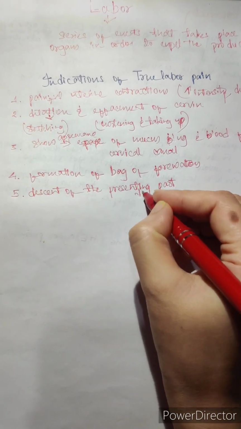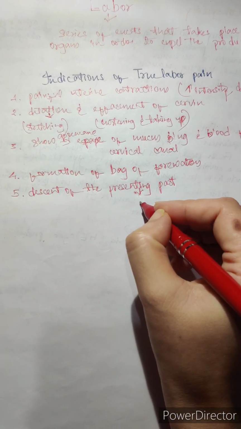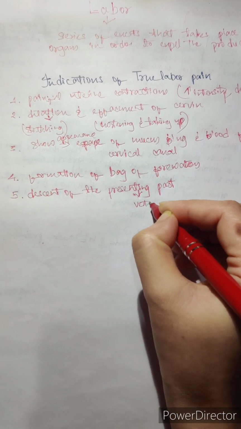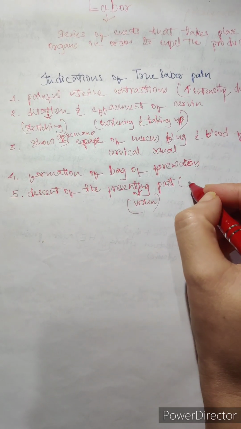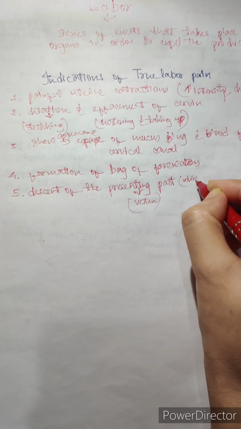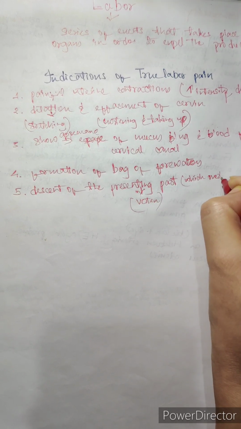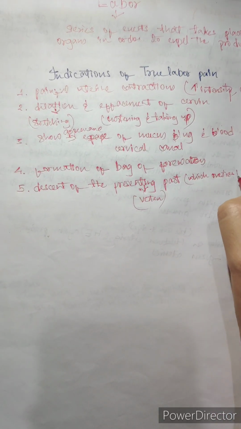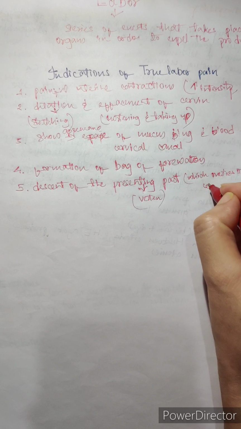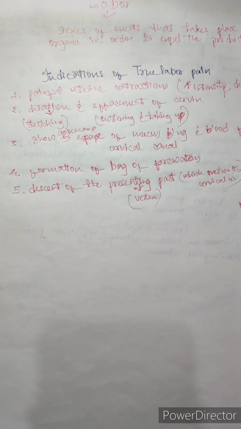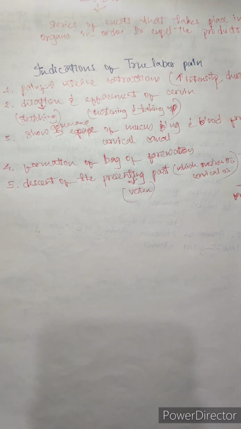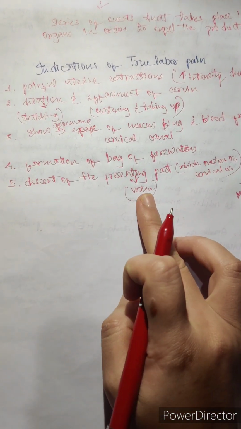In cephalic presentation, the presenting part is the vertex. What is the presenting part? The presenting part is the part of the surface which overlies the cervical os. So in cephalic presentation, the presenting part is the vertex.